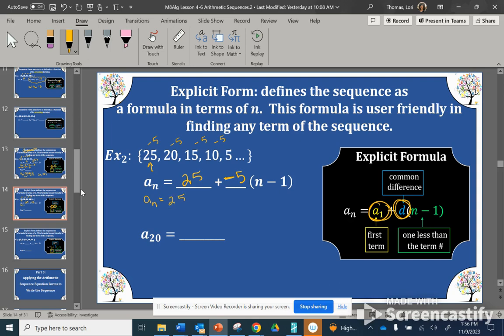So we are going to distribute this negative 5 and then combine like terms. So I have a negative common difference, a negative rate of change. And now let's find the 20th term.